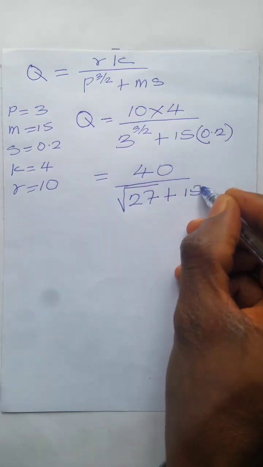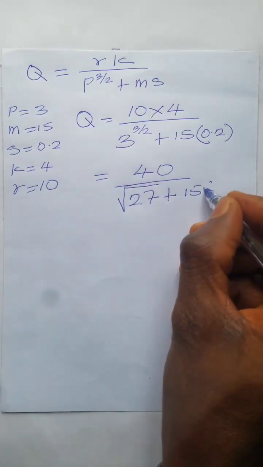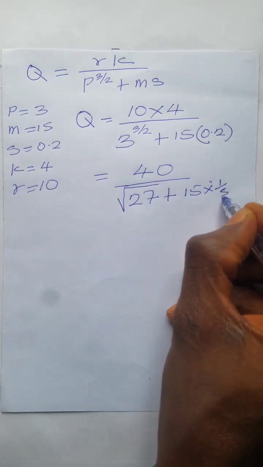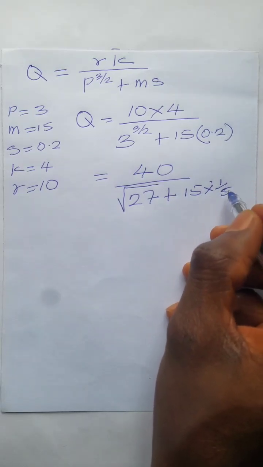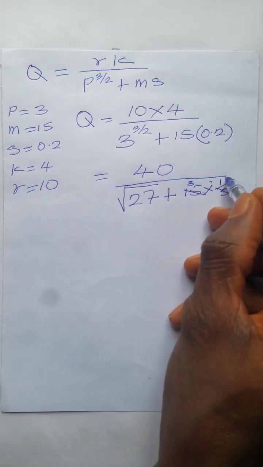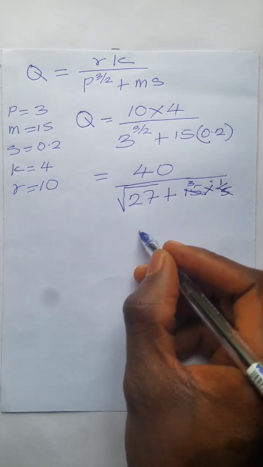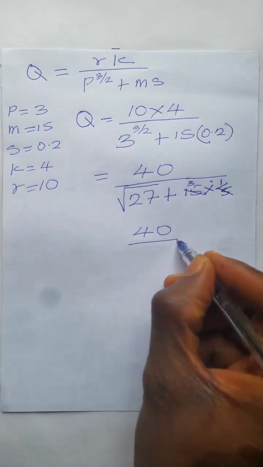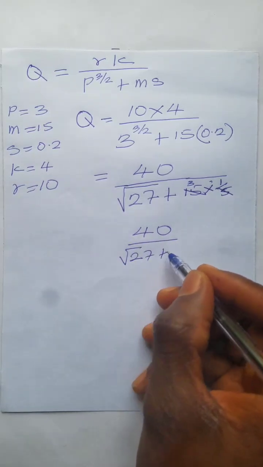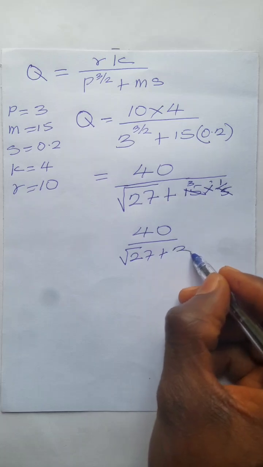This is 15 times, okay, let's just do it. 0.2 is 1 over 5. So this cancels this 3, right? So we have here 40 divided by root 27 plus this entire thing is 3.